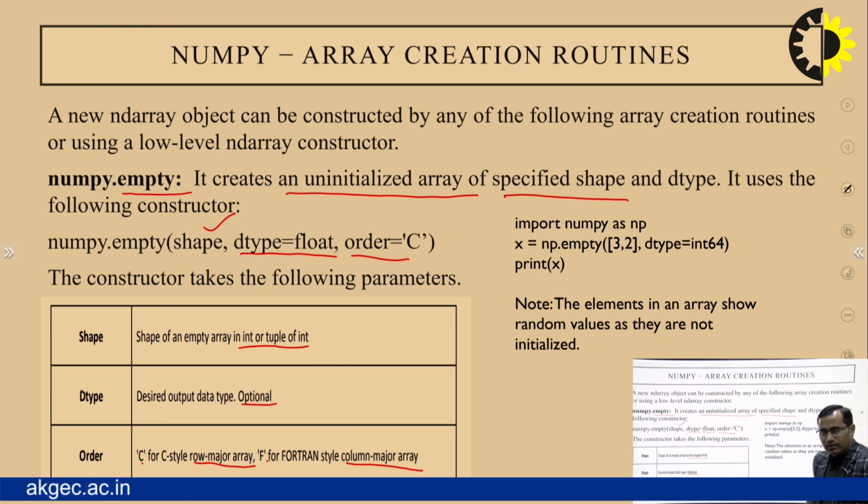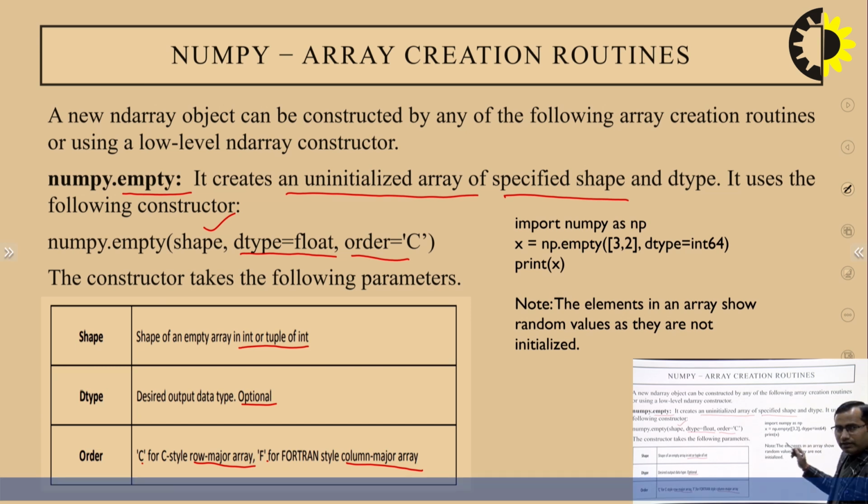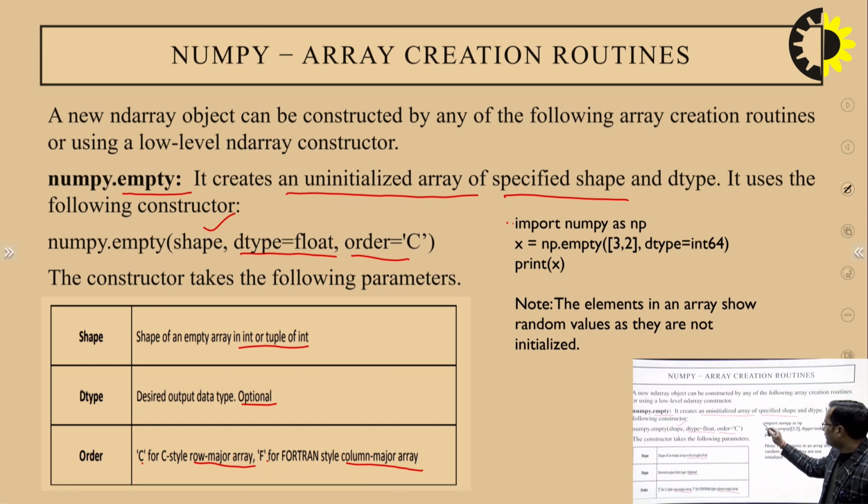And see the code. As I have said, first we have to import the NumPy package or NumPy library as np. Now we have used the empty function to create this empty array. So we use np.empty and we have provided the shape of the array we want to create, and this is the data type, integer of 64 bits.